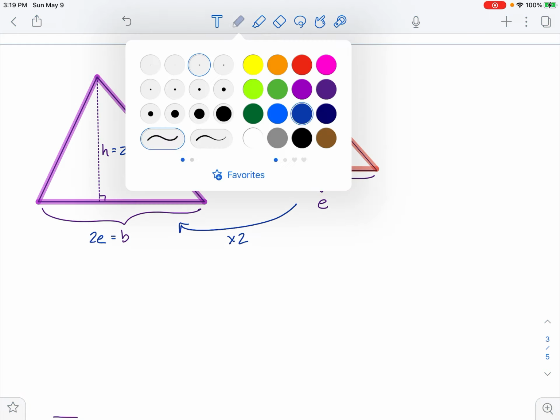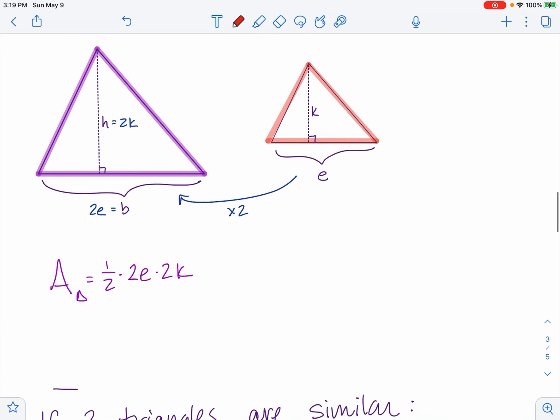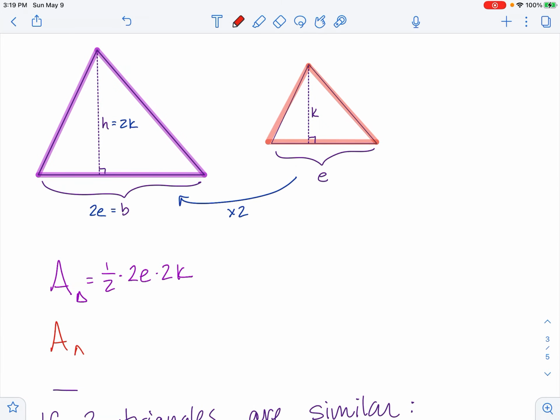And now let's do our two areas. My area for my purple triangle is going to be 1/2 times the base, which I'll put 2E, times the height, which was 2K. For my red triangle, I'm going to have my area as 1/2 times my base times my height.